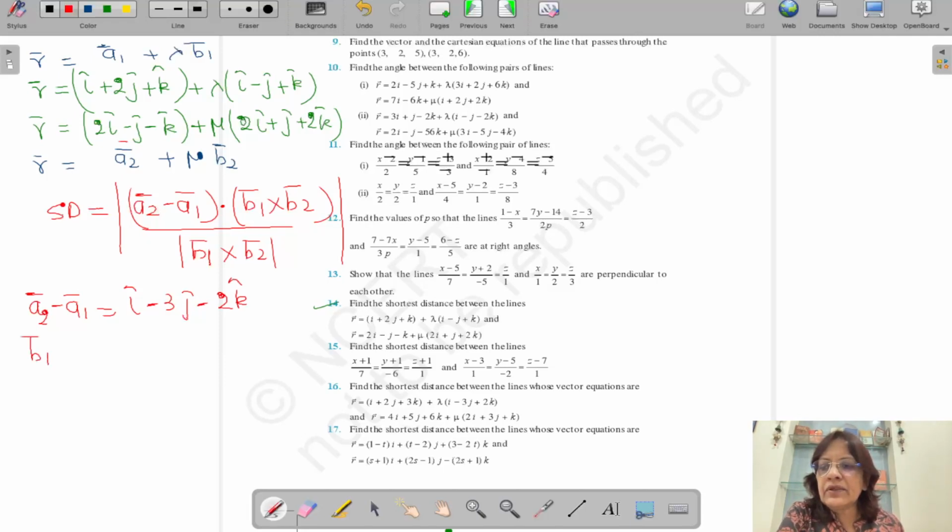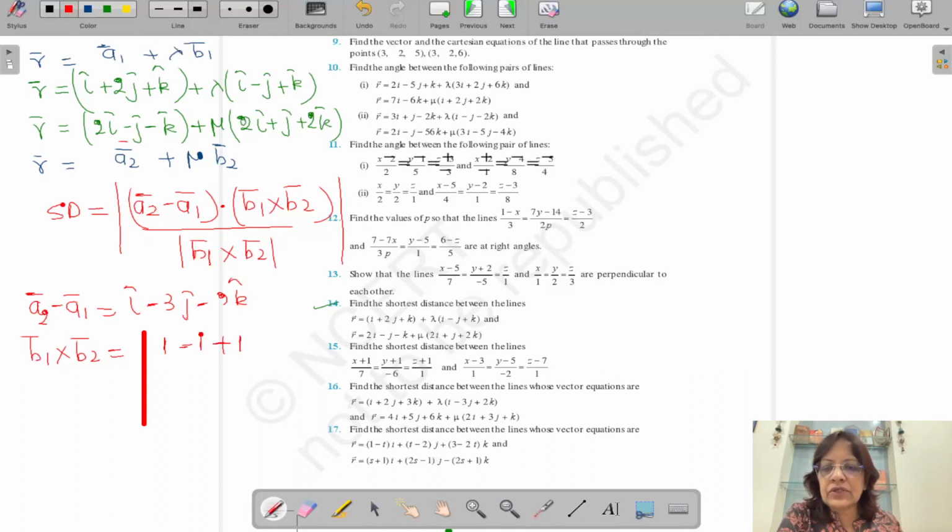Then b1 cross b2. Components here are 1, minus 1 and 1.